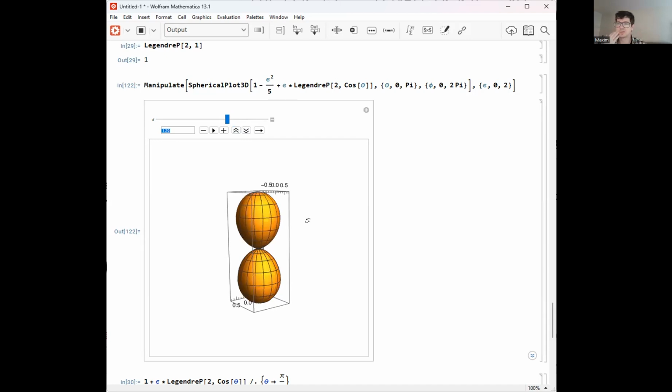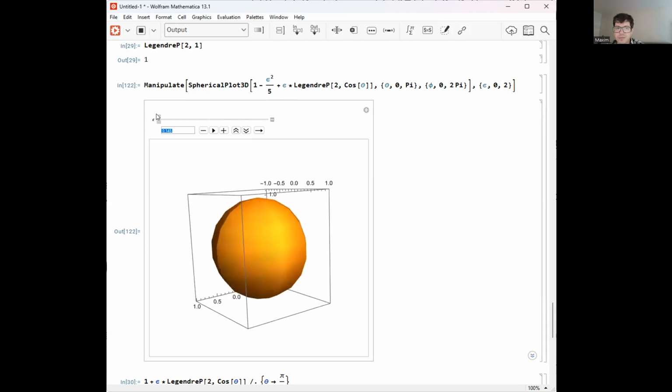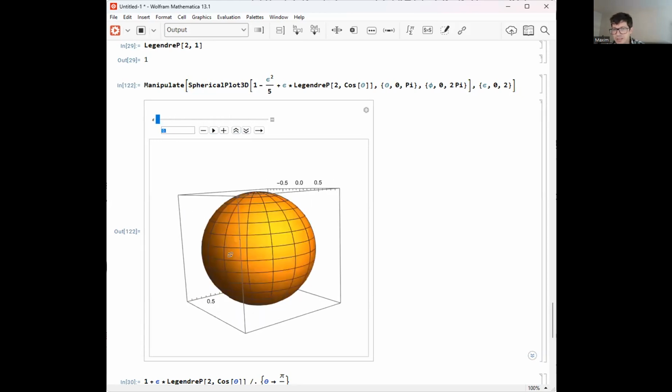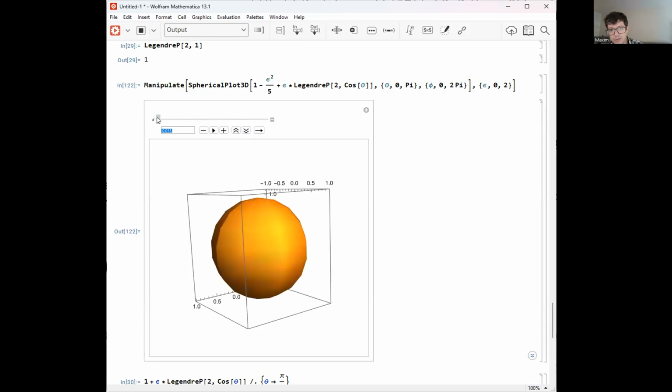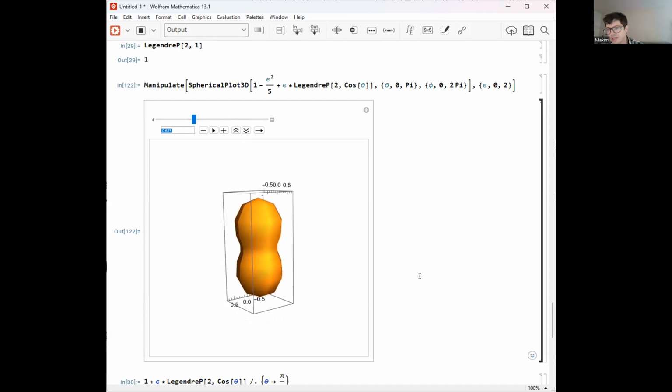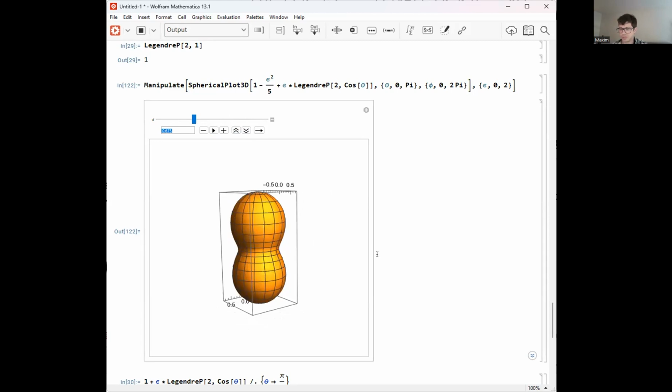So that kind of mode corresponds to the lowest mode description of what happens in spontaneous fission. The idea is that it becomes energetically favorable to develop a non-zero epsilon, meaning it's no longer just happy sitting as a sphere. It will actually be able to go to a more energetically favorable state by deforming in this way and starting the pinch off process. So that's what we want to understand with the semi-empirical mass formula. So let's try to do that.